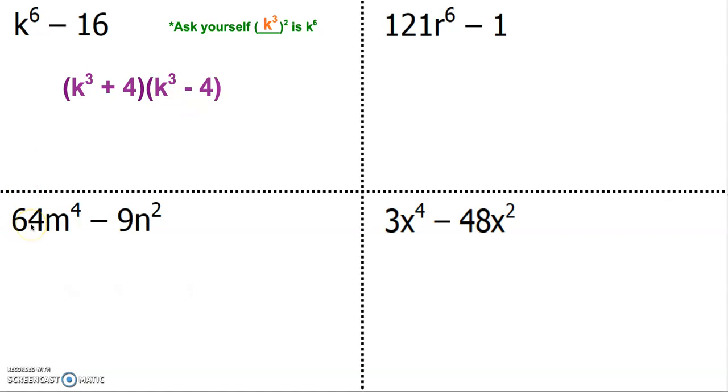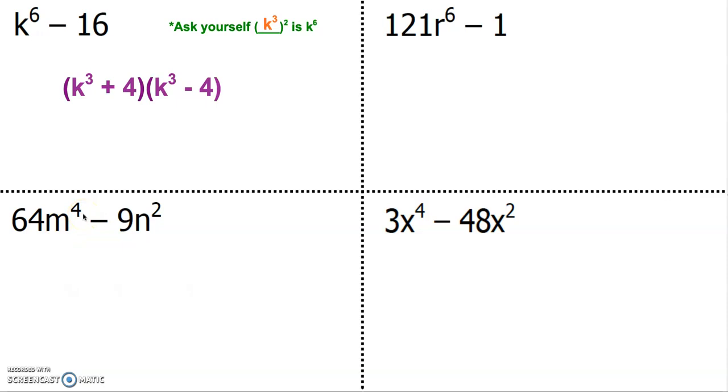What about here? We have 64m to the 4th minus 9n squared. Well, with the coefficients, we know those are perfect squares, 64 and 9. 64 is 8 times itself, 9 is 3 times itself. Now, what about these? M to the 4th.